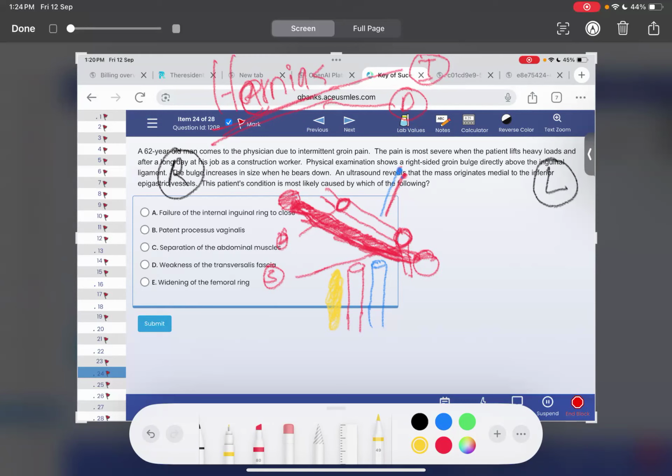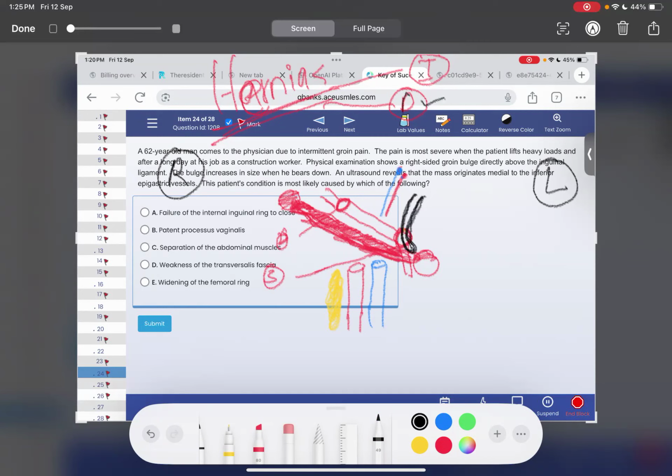If there is bulging of the intestine through the superficial inguinal ring directly from here, and protrusion of the intestine directly through the superficial inguinal ring, this is called a direct inguinal hernia.